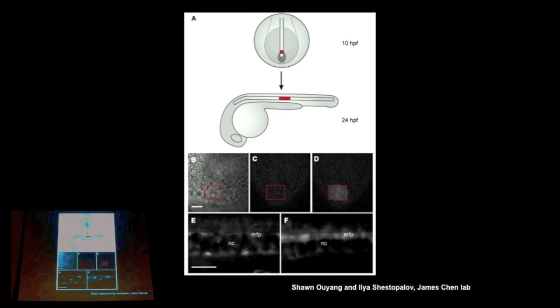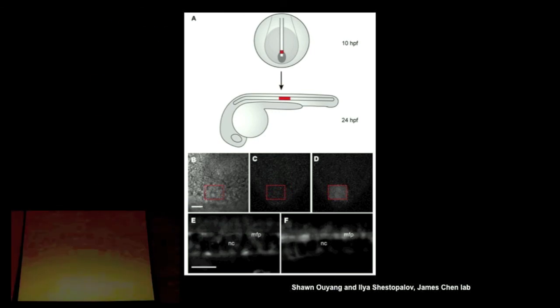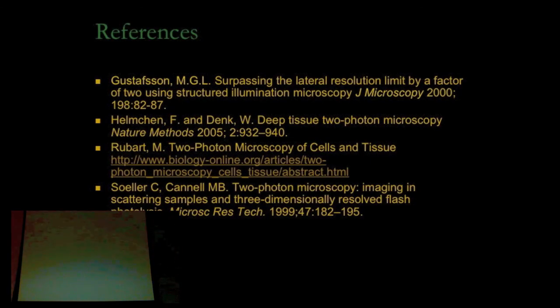Because it is nonlinear, you have 2 photons coming in at the same time. So I think it's the intensity of the beam squared, but there's something else that's actually more complicated. Too advanced for all of us. Roughly the wavelength is double, so roughly the size is twice as big, and then it's squared, so it's back down.